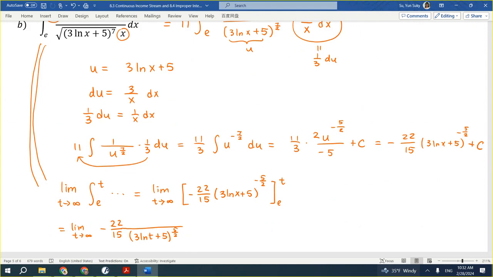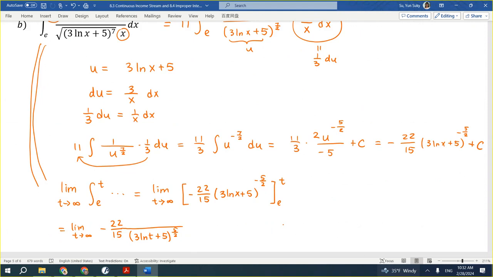It's really important whether this is in the numerator or denominator, because in the next step you imagine what happens when t goes to infinity. If this is in the numerator, then this fraction will go to infinity. But if this is in the denominator, you have something over infinity, and this will go to 0. That's why a negative exponent means it's in the denominator.